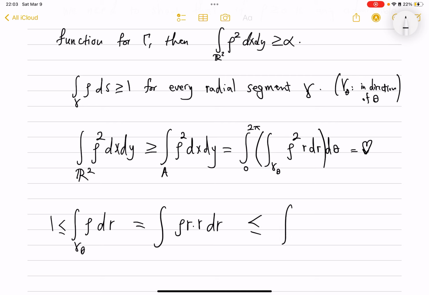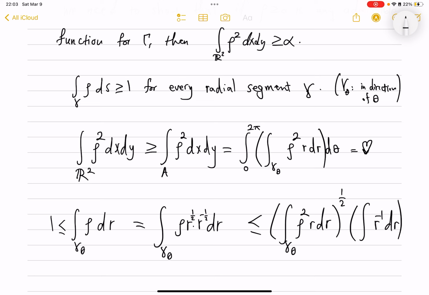After I raise it to power 2, I want to end up with this, so I will put 1/2 and negative 1/2. So Hölder's inequality will give me the integral over gamma theta of this thing, to power 1/2, and then the integral of r to the negative 1 dr over gamma theta.